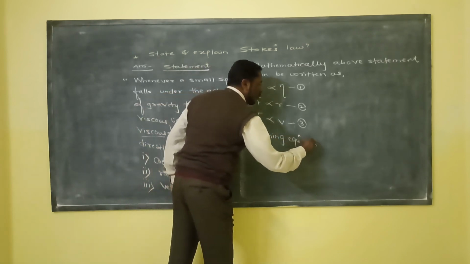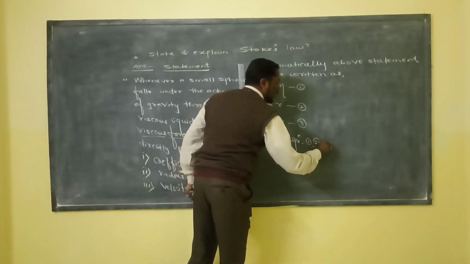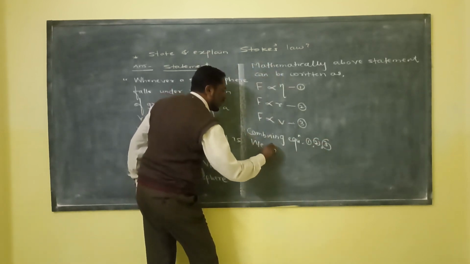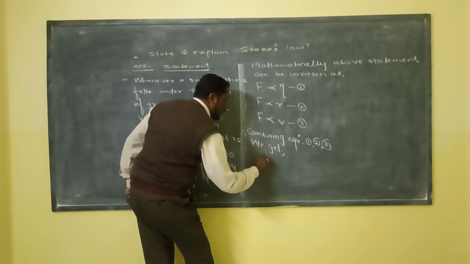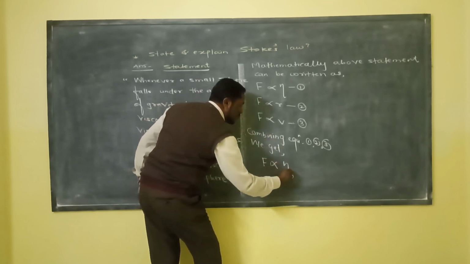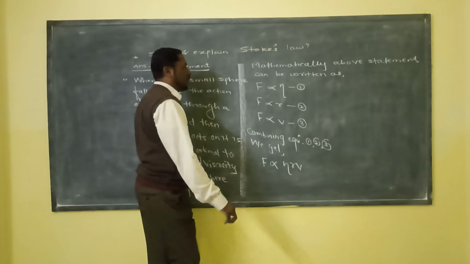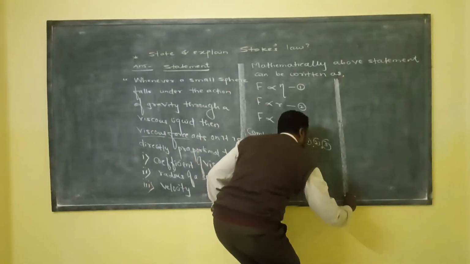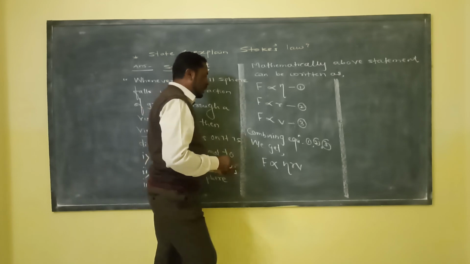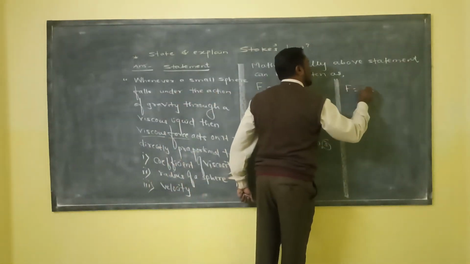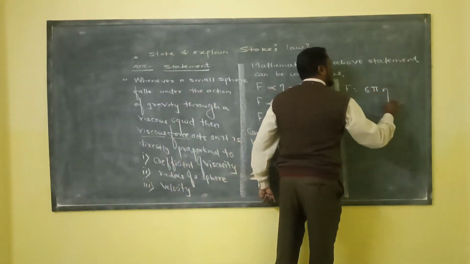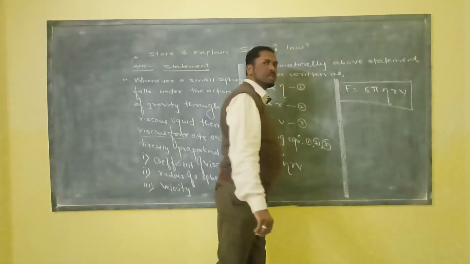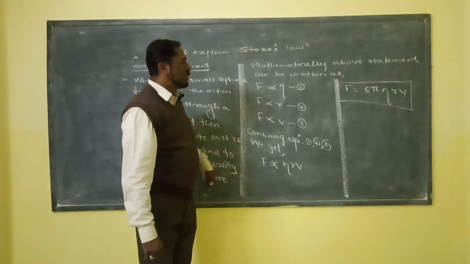Okay, combining equations 1, 2, 3, we get F is directly proportional to eta RV, or it can also be written as F is equal to 6 pi eta RV, where 6 pi is the constant factor put forth by the scientist Stokes.